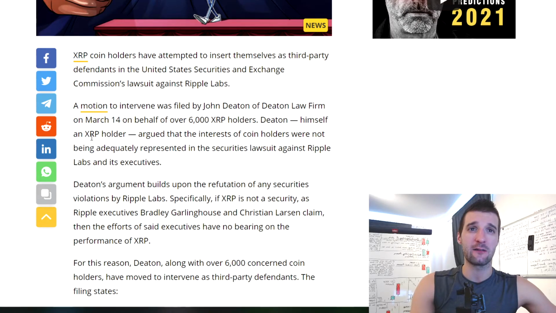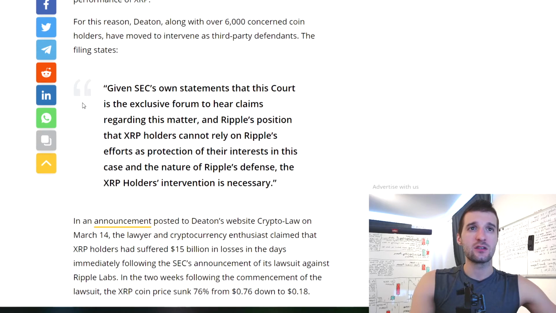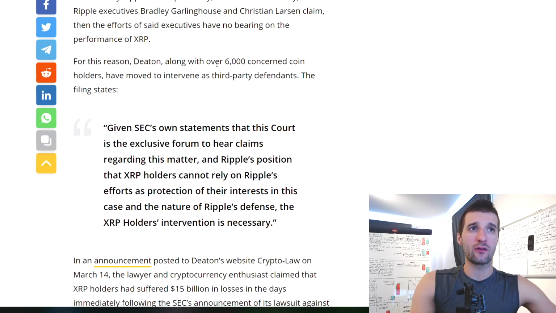Dayton, himself an XRP holder, argued that the interests of coin holders were not being adequately represented in the securities lawsuit against Ripple Labs and its executives. So for that reason, Dayton, along with over 6,000 concerned coin holders, have moved to intervene as third-party defendants.